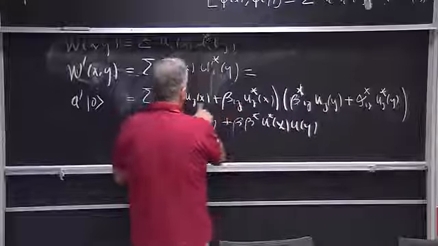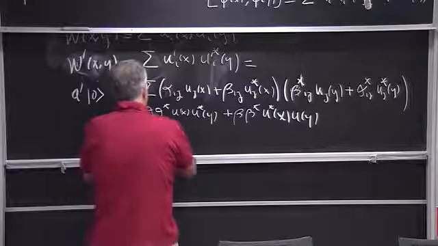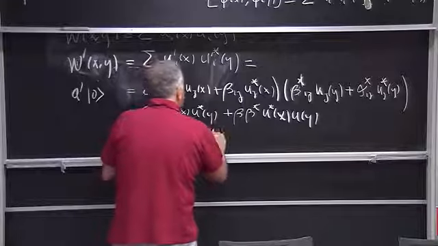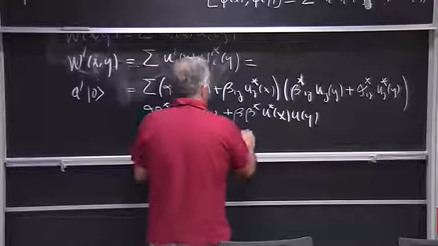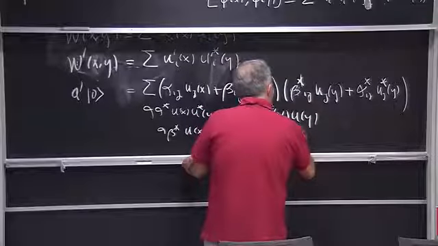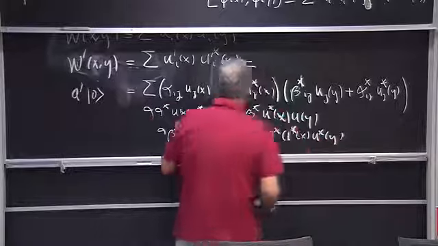And then you get alpha beta star u x u y plus beta alpha star u star x u star y. Okay, there are four terms here.